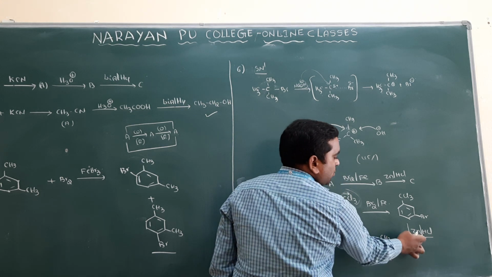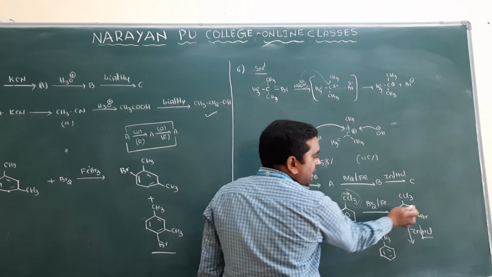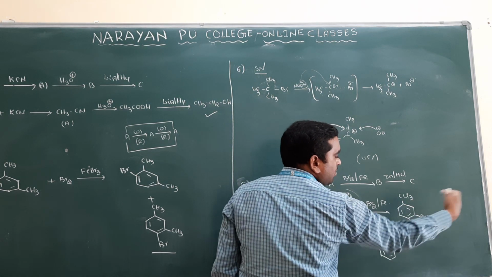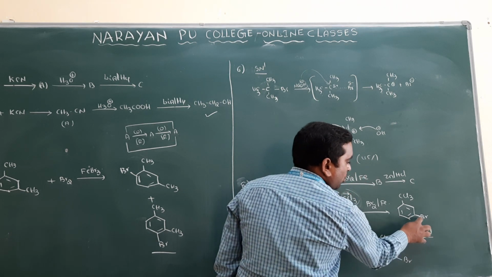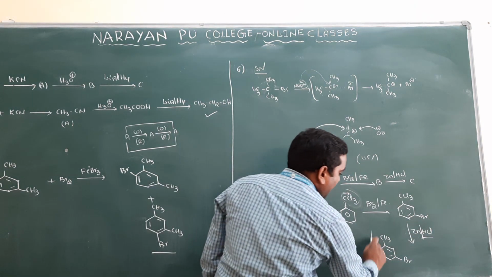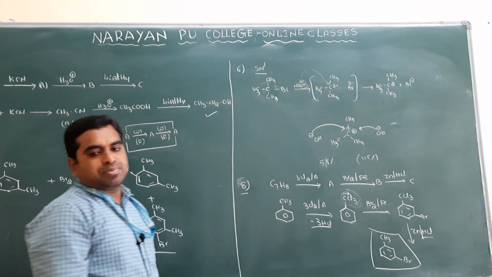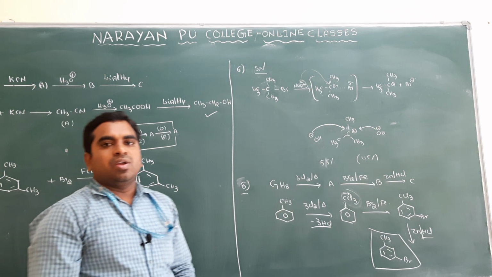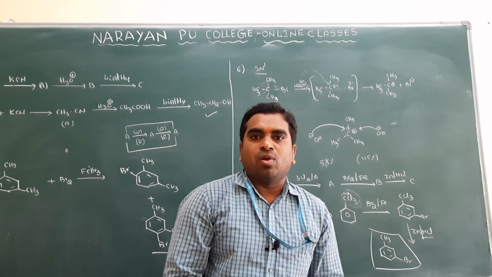It provides 6 hydrogens, and 6 hydrogens means 3 hydrogens will be added to the carbon, and the remaining 3 hydrogens and 3 chlorines will be removed as HCl. And here, this bromine will not be removed. Why? It is directly attached to the benzene ring. Clear? So you will get meta-bromotoluene here. That is your option. So this is about the comparison of haloalkanes and haloarenes.